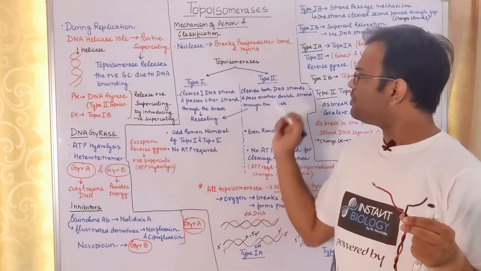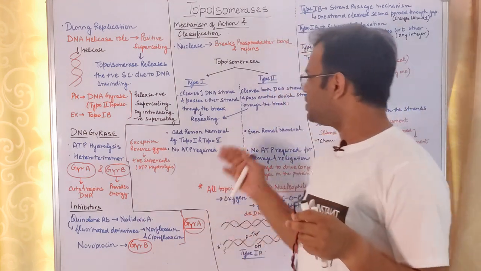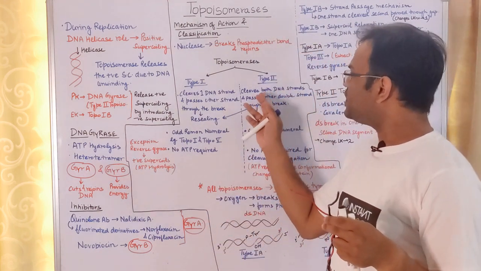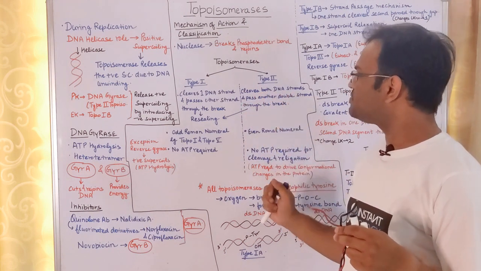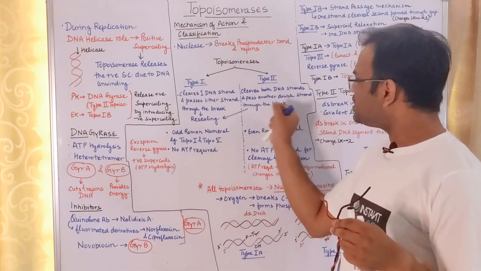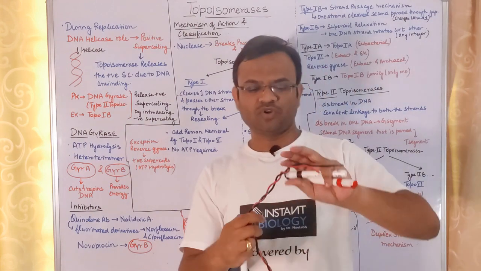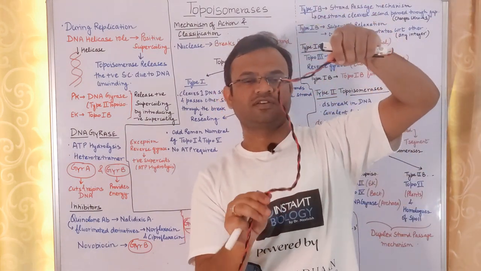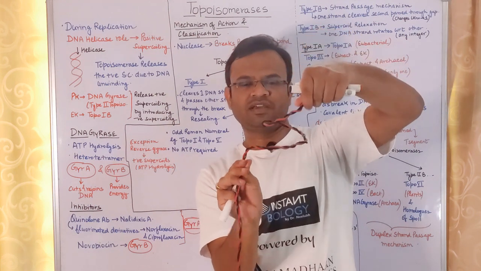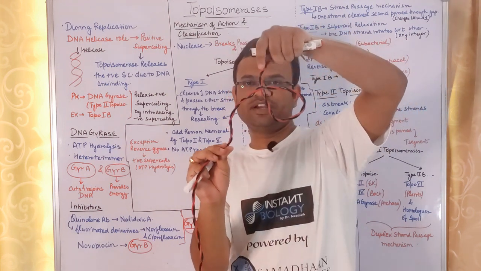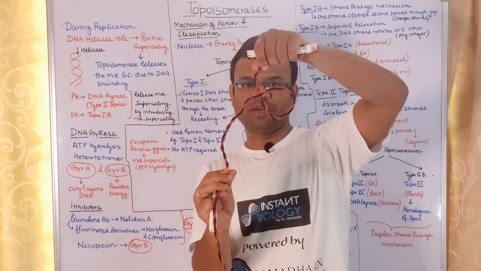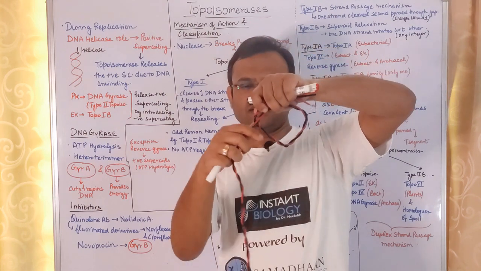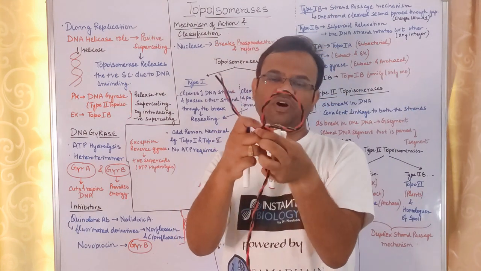Now if I talk about type 2 topoisomerase, what is it? It will cleave both the DNA strands and pass another double strand through the break. What do I mean? Now if I'm coiling this again and again, look at this. Now you can see that this is supercoiled on itself. Can you see this? What has happened is this portion has supercoiled on itself.